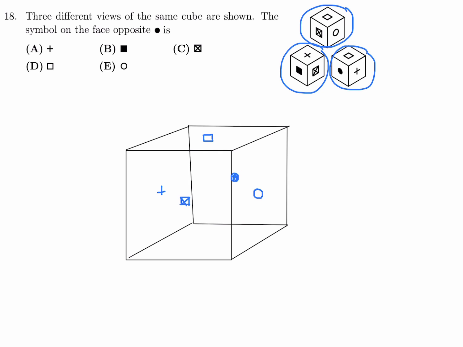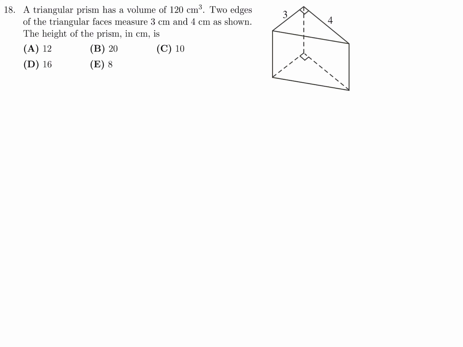And therefore, I think that square that's shaded goes on the bottom. So I'm pretty confident this is how you do it. So the symbol opposite this, well, here is that's on the back face, and therefore the symbol opposite would be on the front face, and the front face was this guy right here. So that would be C for number 18.